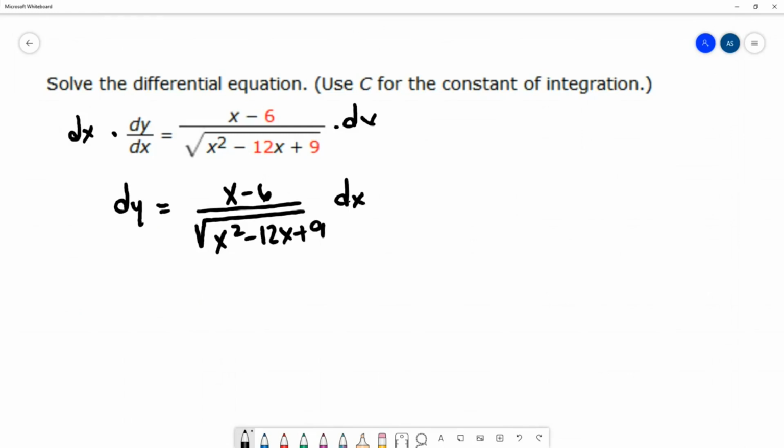What I mean by separating the variables is having the y's on one side and the x's on the other side. And now I'm going to integrate the left-hand side and integrate the right-hand side.